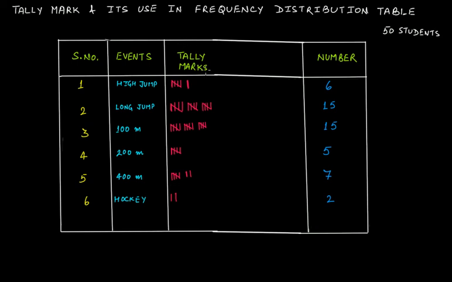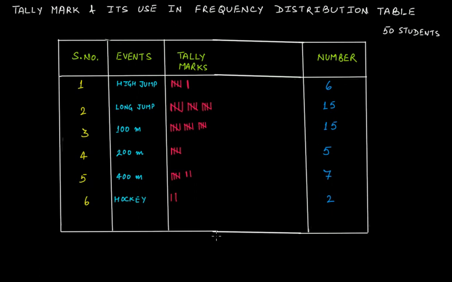She used the telemark representation to make a proper count of this column without any error or confusion, and then she can finally count these telemarks and tell the number.